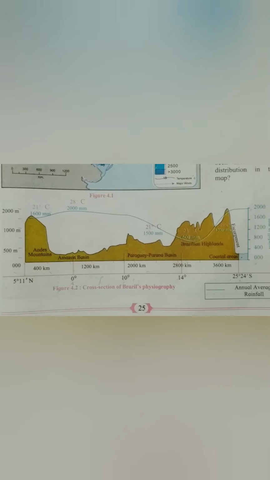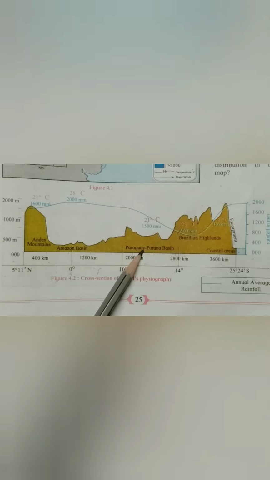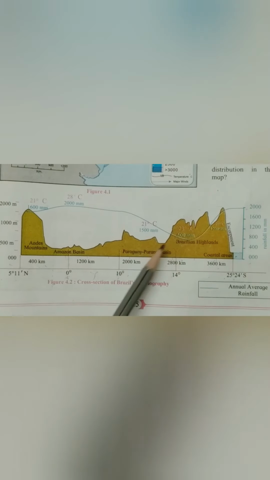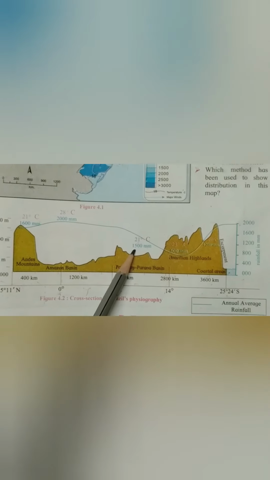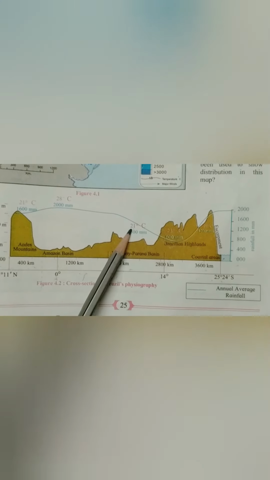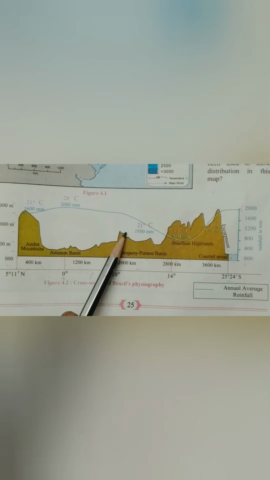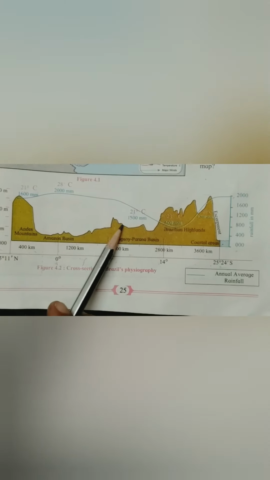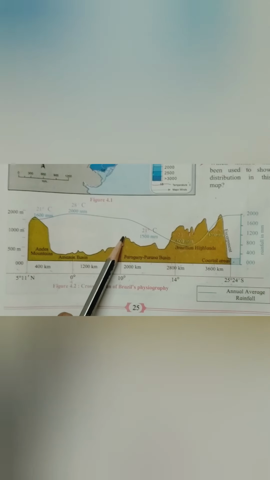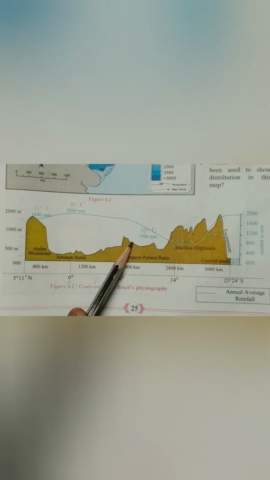It is the Paraguay Parana River Basin. In the Paraguay Parana River Basin, there is 1500 mm of rainfall, the temperature is 21 degrees Celsius, and you can see the height of the place is quite less. It is from 400 to 800 meters high.